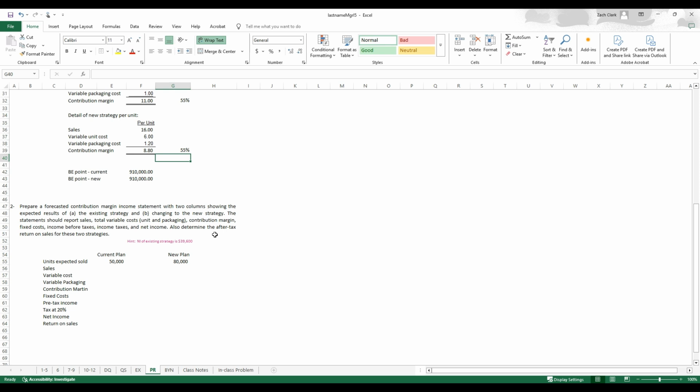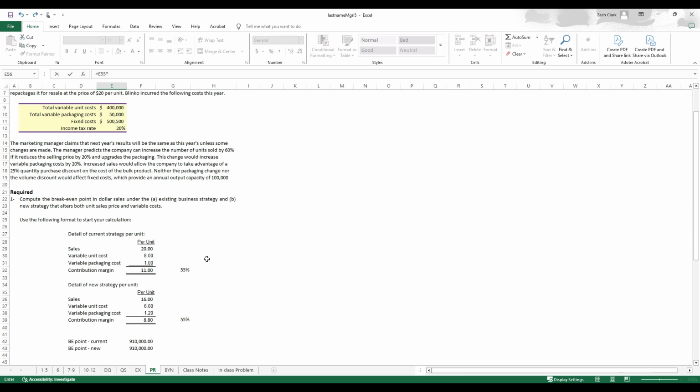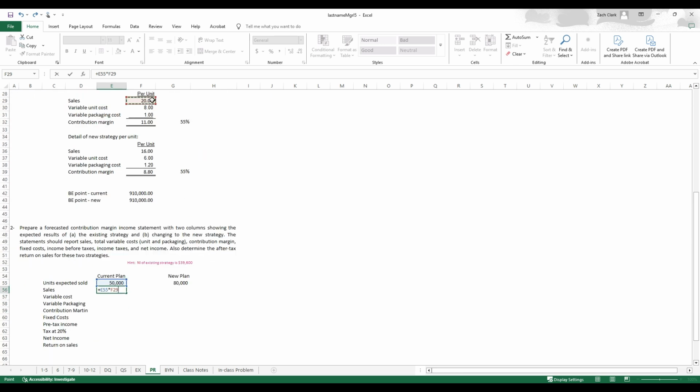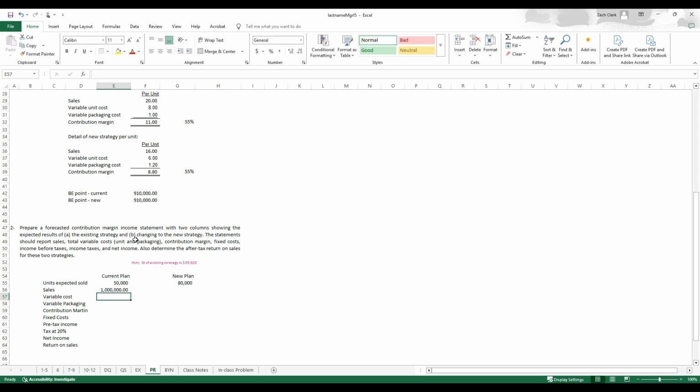So that's good. And we have such a higher amount of sales that we should be expecting to see some pretty big changes here. So 50,000 units times the $20 per unit.